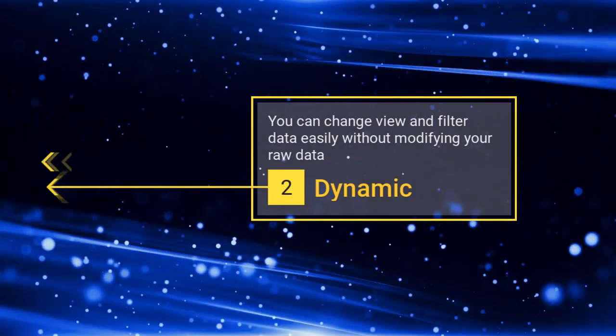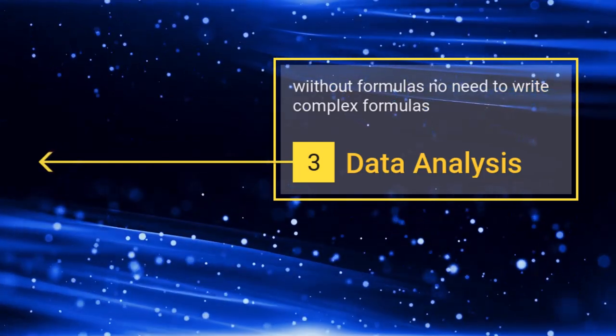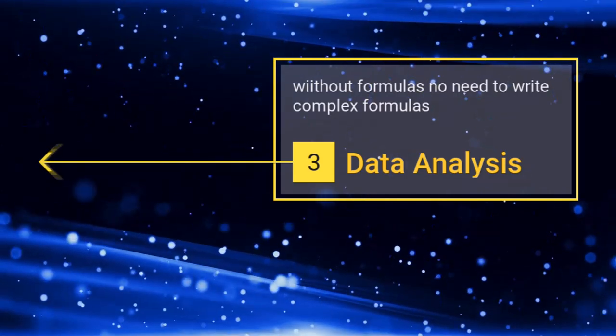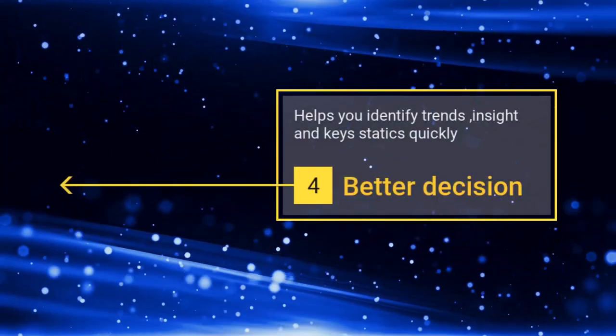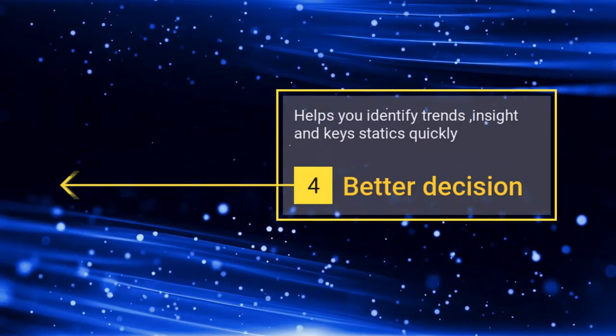Data analysis without formulas: no need to write complex SUMIFS, COUNTIFS, or VLOOKUP formulas. The pivot table handles everything for you. Better decision making: it helps you identify trends, insights, and key statistics quickly.